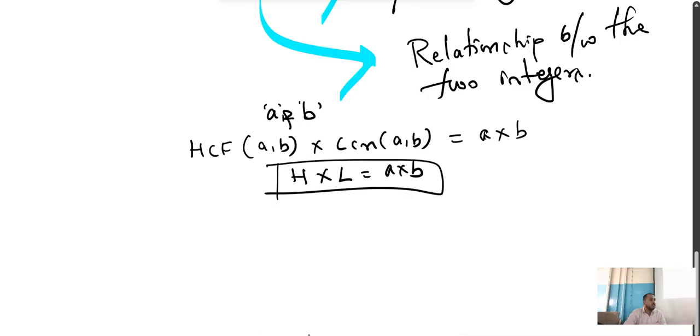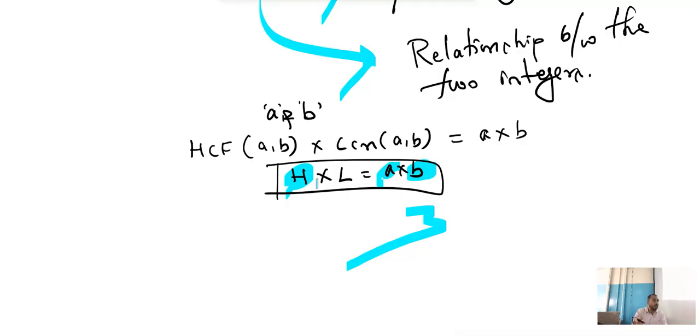See children, in a question, if they ask both HCF and LCM together, then we have to use the prime factorization method only. But the relation method we can use when you know H, you know a, you know b. Out of 4 values, if we know 3 values, to find the 4th value, then we can use the relation method.